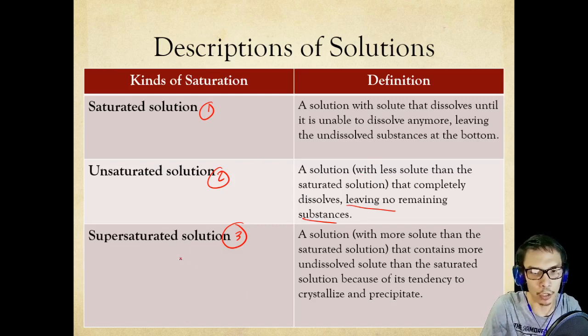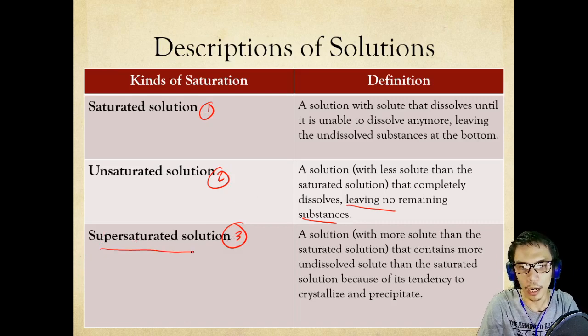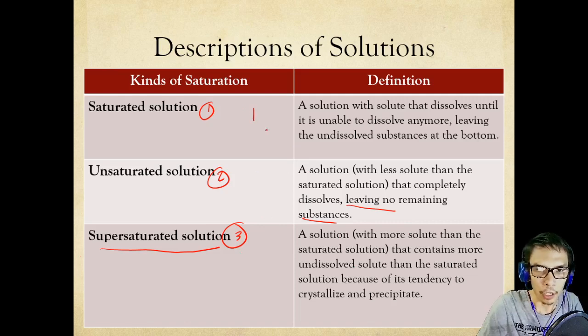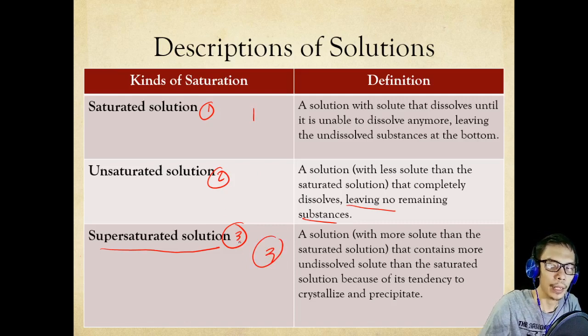Next, the third one is a supersaturated solution. This is a saturated solution, but with one particular difference: it has more and more solute than the saturated one. If we give a value of 1 to a saturated solution, this has 3.